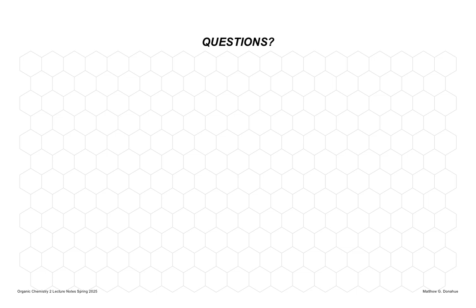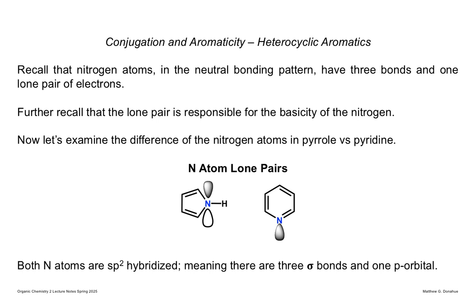Thank you. So we're going to finish up here on talking about these 2 specific nitrogen-containing compounds. Because really the location of the lone pair of electrons in each, as I said, is different.